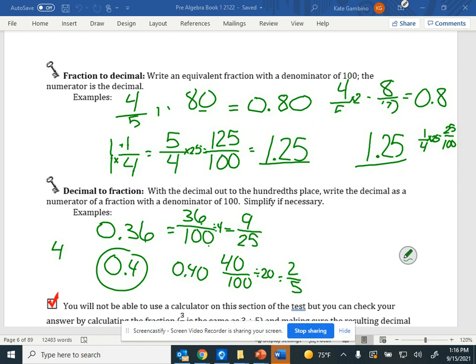No, because this isn't 4 hundredths. So what would I put as my denominator? If it's 4/10. I think Paisley knows. Paisley? 4/10. Yeah, if it's 4/10, I would put a 10 under it. And then 4/10 simplified, I could divide that 2 out, and I would get that same 2/5 answer.